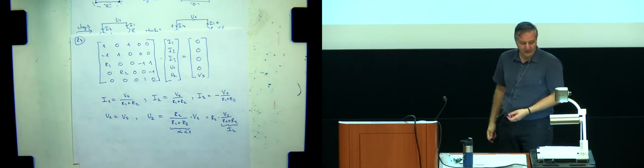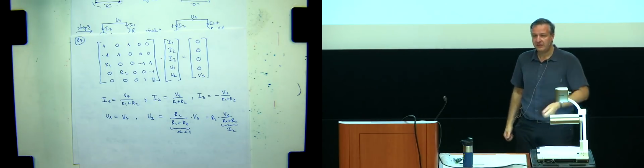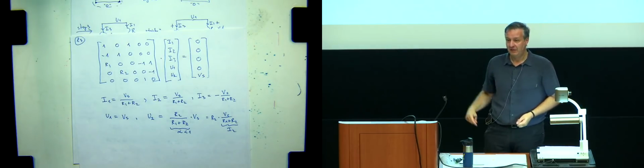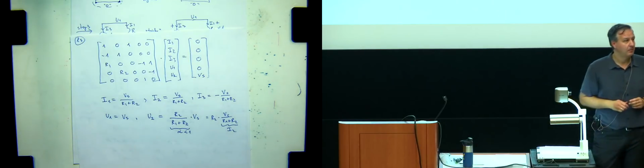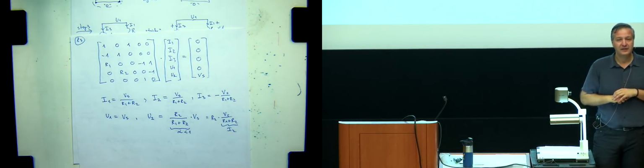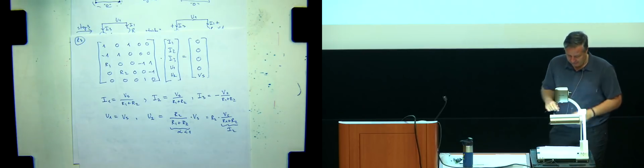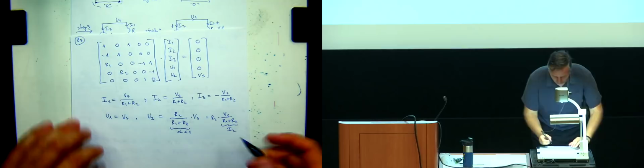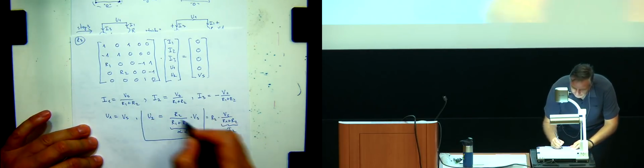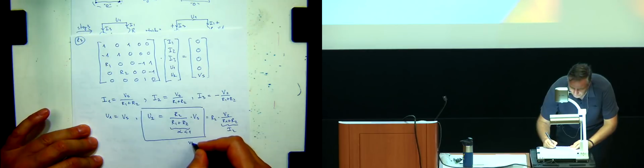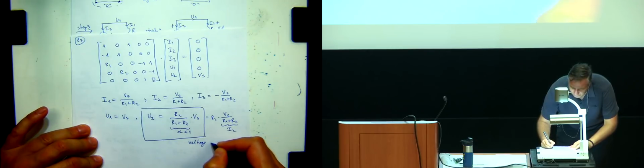In that case, I'd pick R2 to be a unit and R1 to be twice that, and then I get 1/3. Does it make sense? Questions? Great. Okay, so this is a key relationship. We're going to call this the voltage divider.